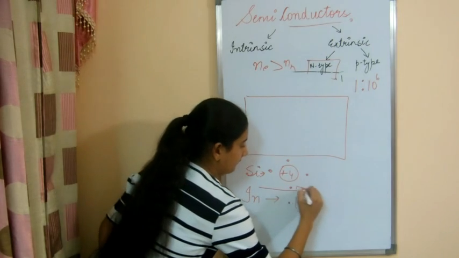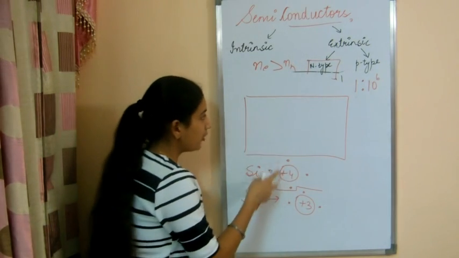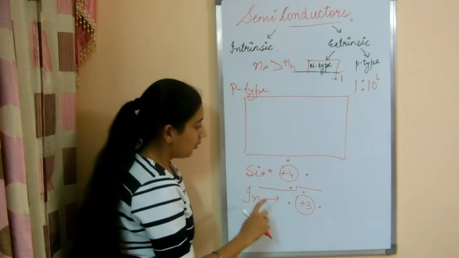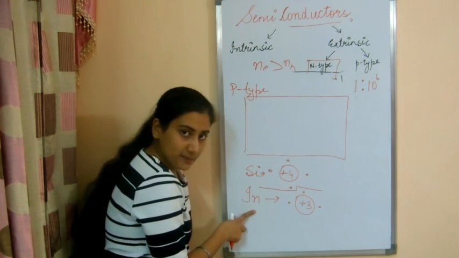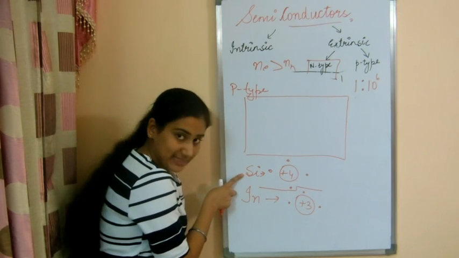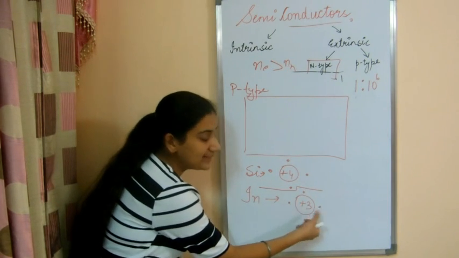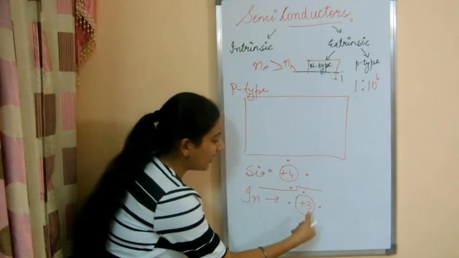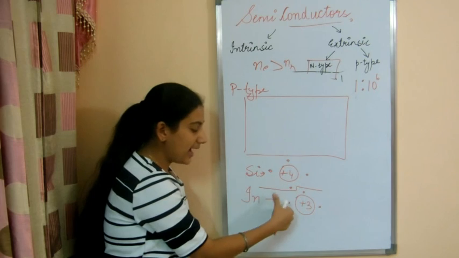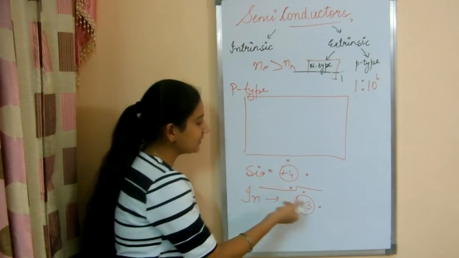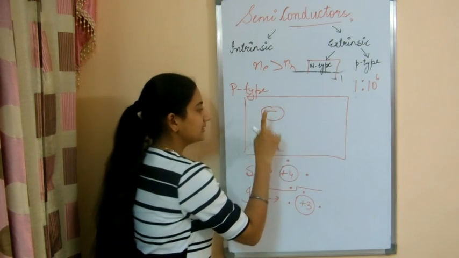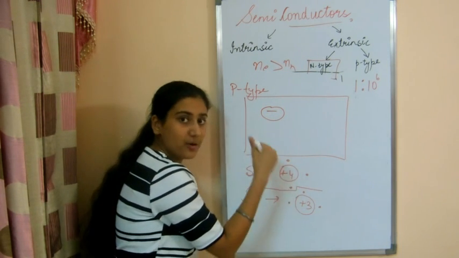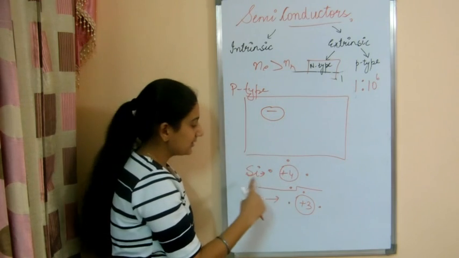So for the representation of a p-type extrinsic semiconductor, what do we have? Indium differs from silicon by minus 1. That means if I subtract 1 proton and 1 electron from silicon, I will get indium. So the representation of this acceptor atom is one which has 1 proton less than silicon.